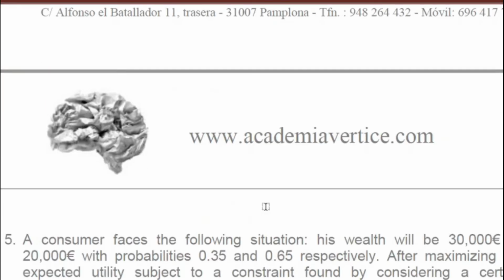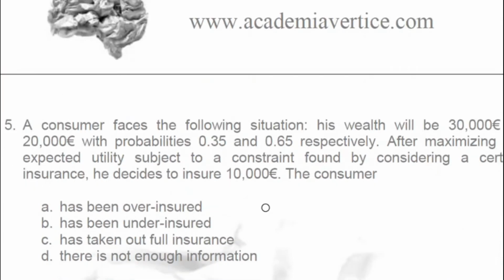Well, question number 5. A consumer faces the following situation. His wealth will be 30,000 euros or 20,000 euros with probabilities 0.35 and 0.65 respectively. After maximizing his expected utility subject to a constraint found by considering a certain insurance, he decides to insure 10,000 euros. The consumer has been overinsured, underinsured, has taken out full insurance, or there is not enough information.